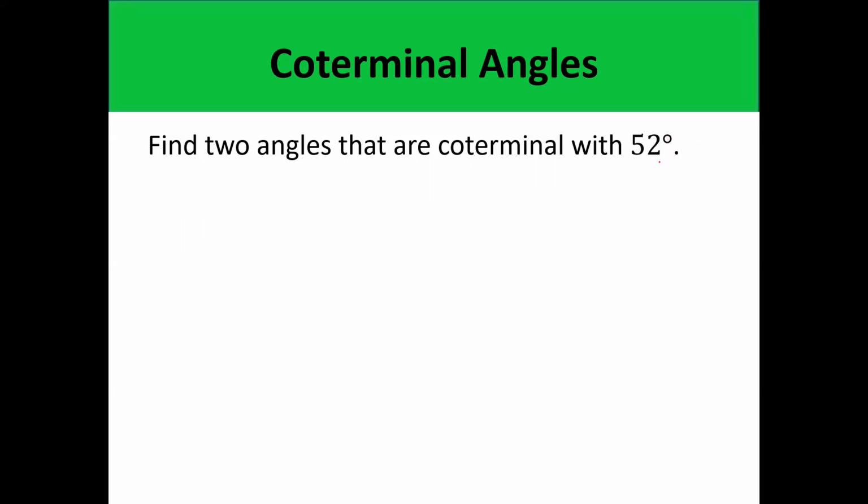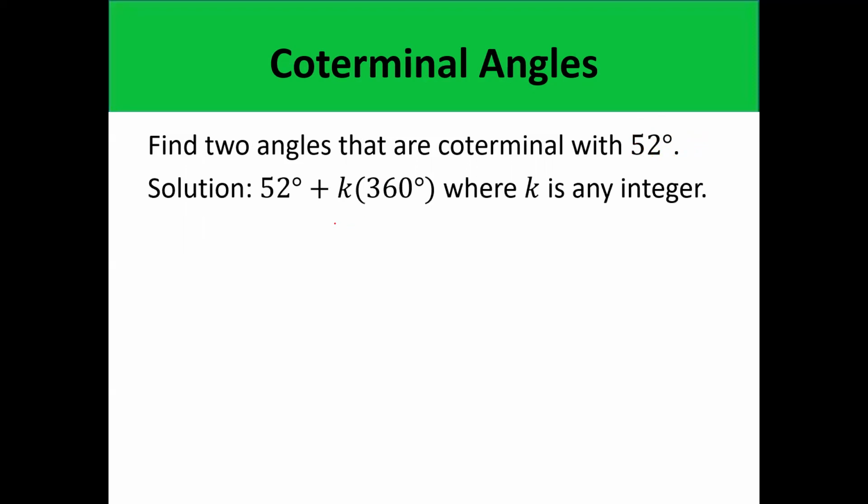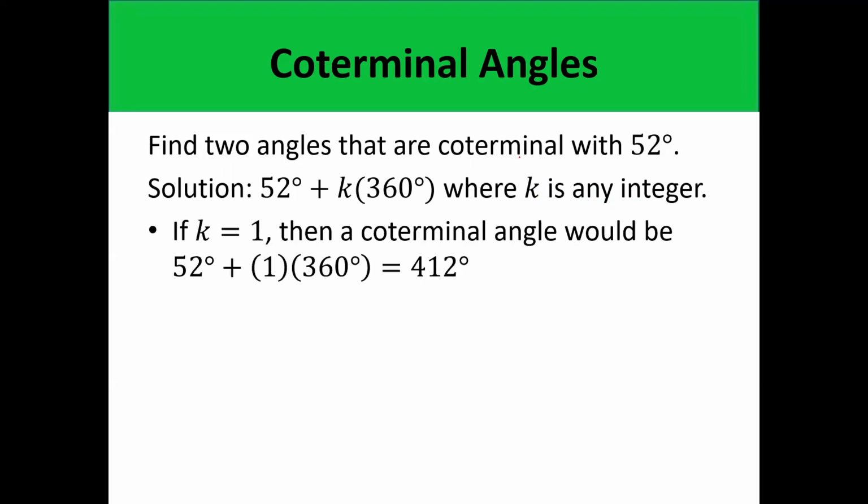Or sometimes we can have a coterminal angle wherein we subtract 3 times 360 degrees. So the formula for the angles that are coterminal with 52 degrees would be 52 degrees plus k times 360 degrees, where k is any integer. So k could be positive or negative.